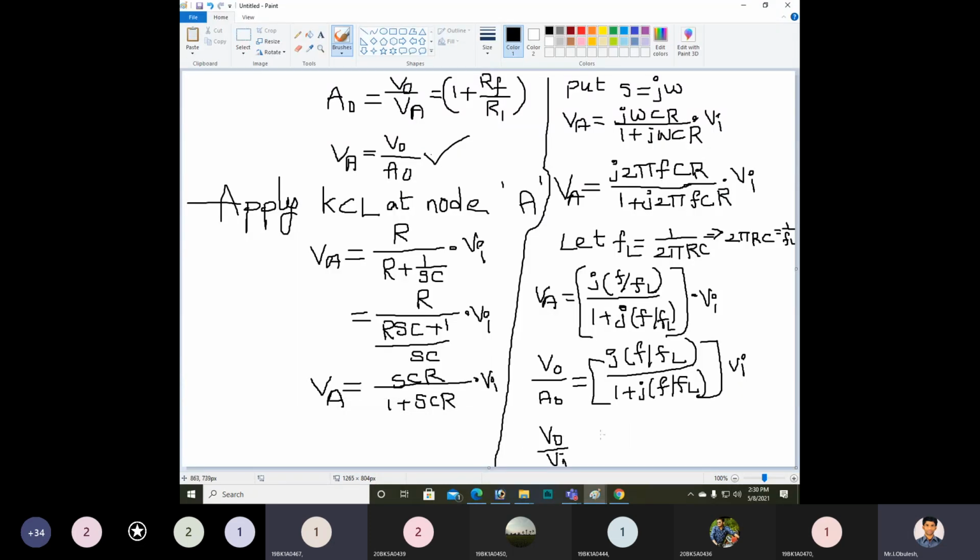V naught by Vi is equal to j into f by fL divided by 1 plus j into f by fL, into A naught.